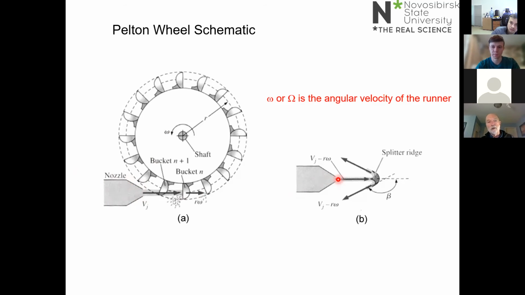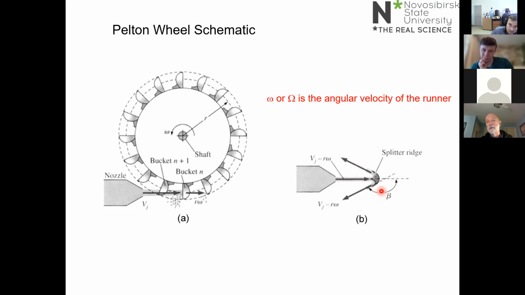So this jet of water is aimed at the buckets, and you can see around this point here is the splitter, as it's called, of the bucket. Now you begin to see why the buckets have the shape that they do, because the water comes into the buckets, is turned by the buckets, and exits at an angle of beta to the direction of the jet.